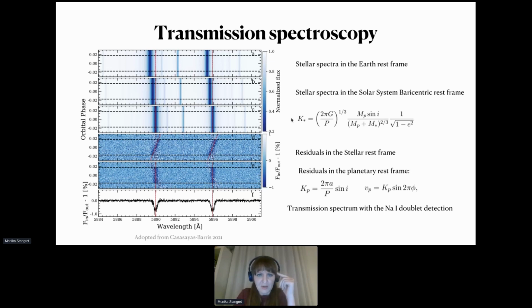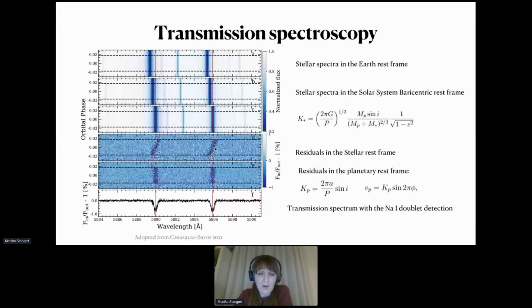Let's jump here. So this signal is the sodium doublet, and this is the sodium coming from the star. When we remove the star signal, which is the average spectrum outside the transit, where we don't have the atmosphere of the planet, sometimes we detect some additional signal which is tilted, which means that it has a different radial velocity.